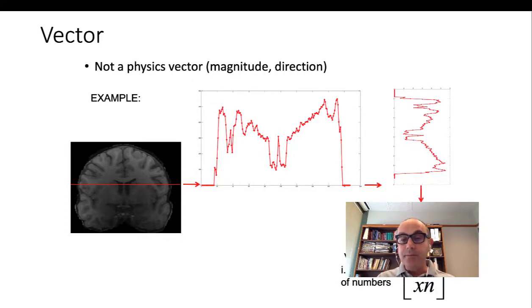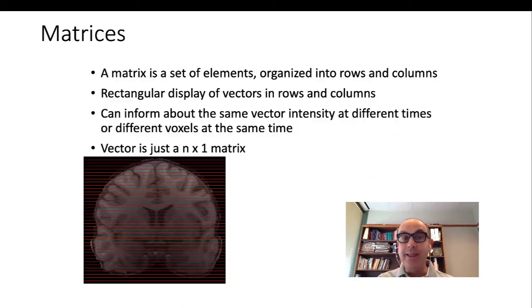Again, the vector here is the idea of x1, x2, xn, and the column of numbers represents the scalar in that sense. The matrix, as we learned and discussed in modules 3 and 4, is a set of elements organized into rows and columns.